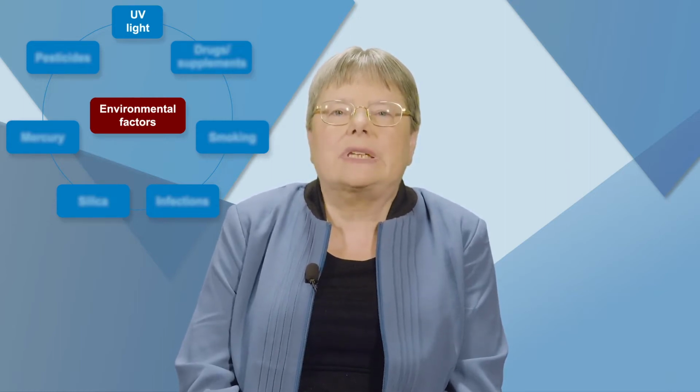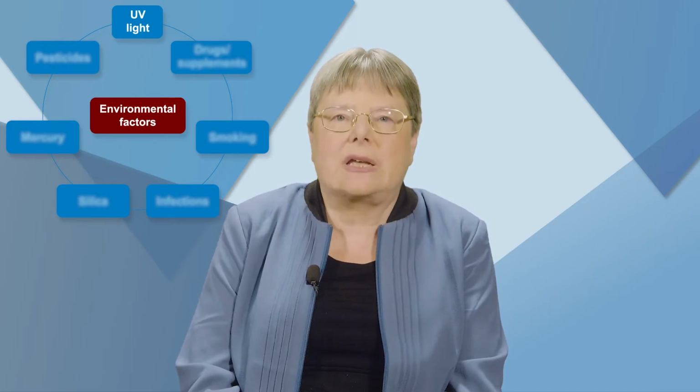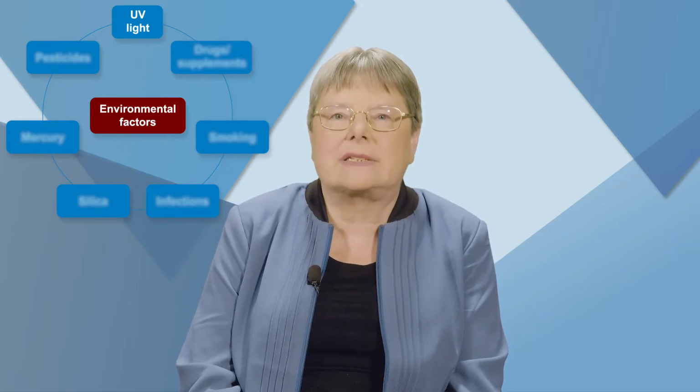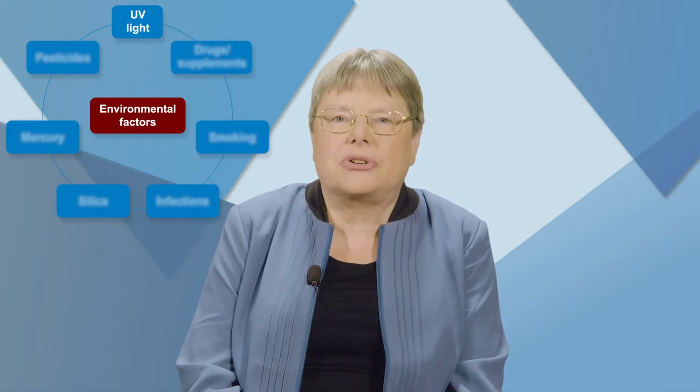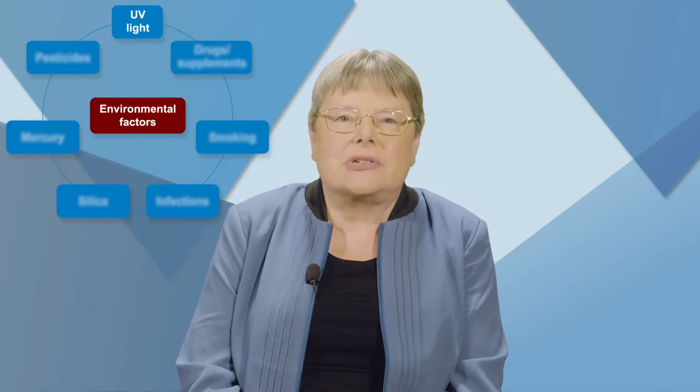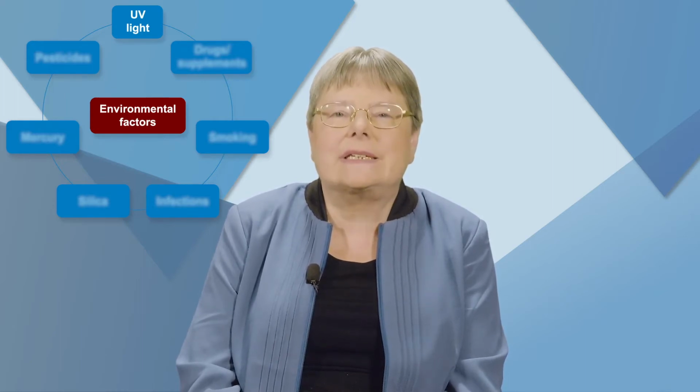So it's important that we tell patients to avoid the sun and to use a sunscreen that can block both UVA and UVB wavelengths. Patients don't realize how little ultraviolet exposure it takes to cause lupus rash. I remind patients that just going from the garage into our clinic building is enough.